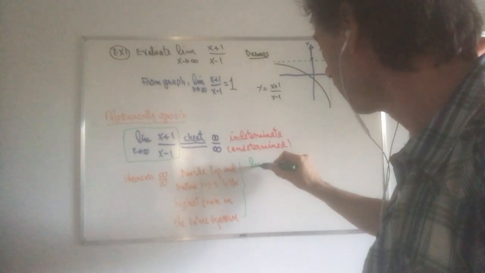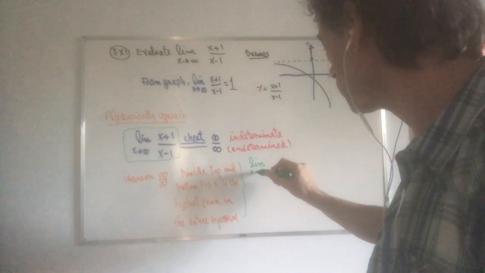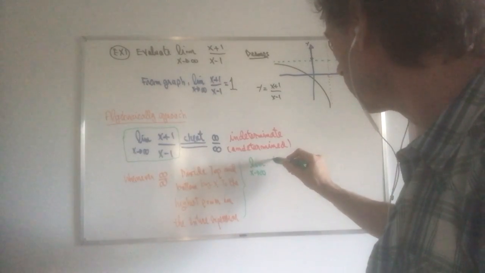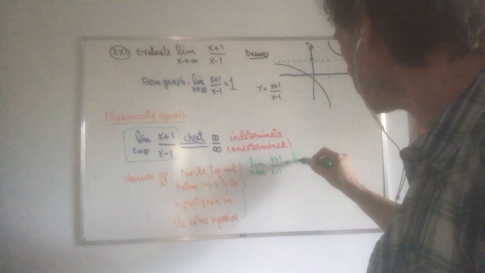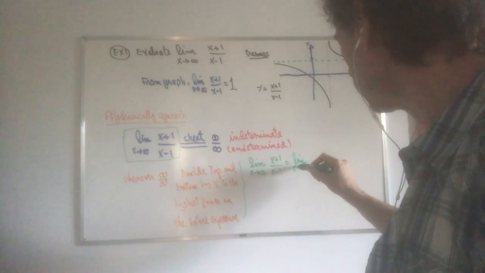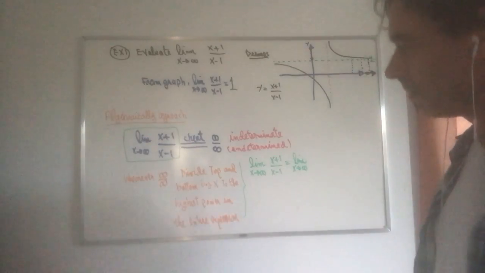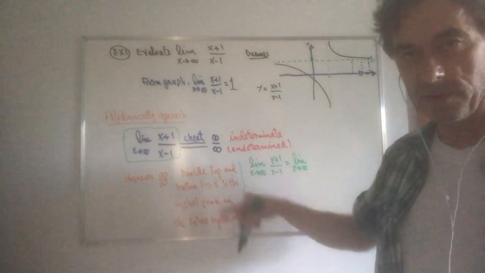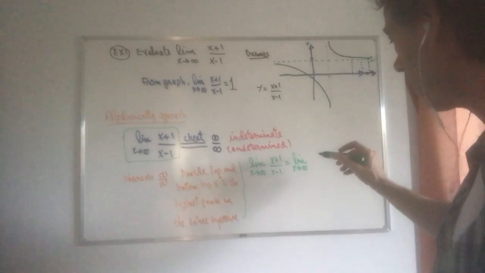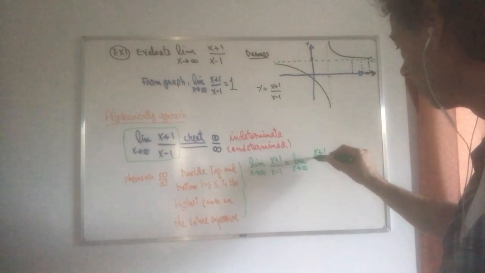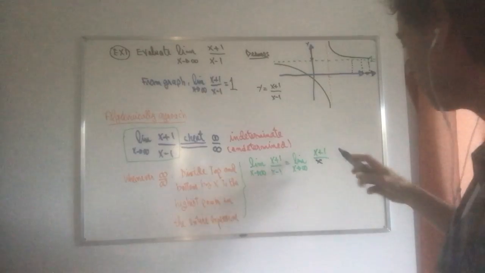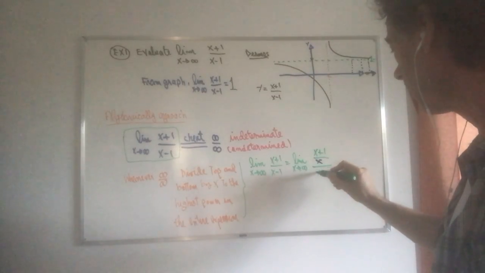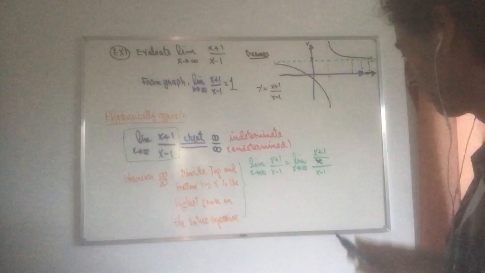So clearly, the limit as x approaches infinity of x plus 1 over x minus 1 is the same thing as the limit as x approaches infinity of, following this guideline, I'm going to divide the top by x to the 1, and I'm going to divide the bottom as well by x to the 1.